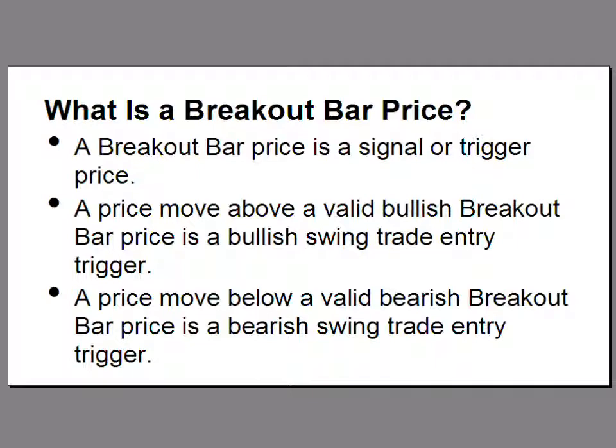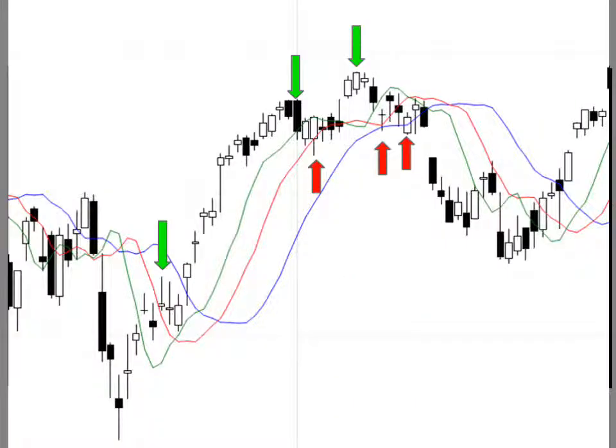Again, if we use them in conjunction with the breakout bands. So the whole purpose of the breakout bars is to establish a signal price. And a breakout bar high or low is the price above or below which a valid buy or sell signal will occur.